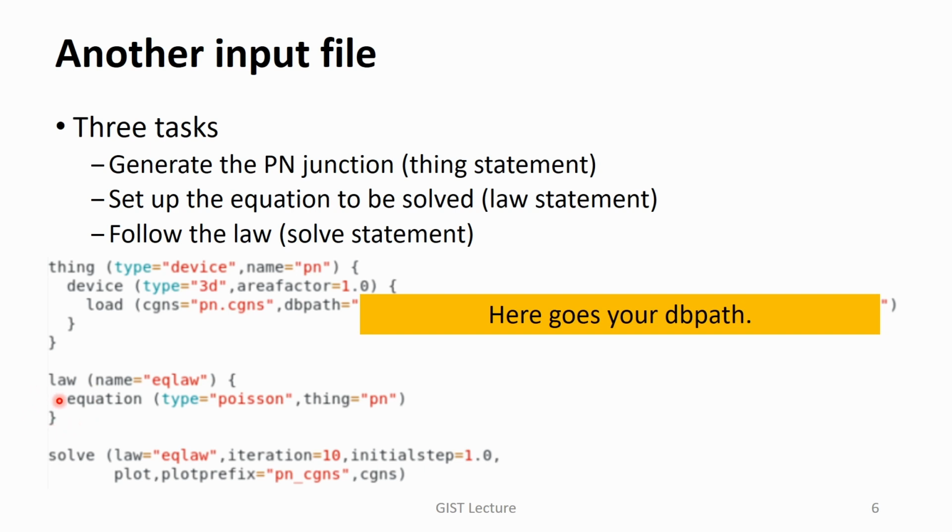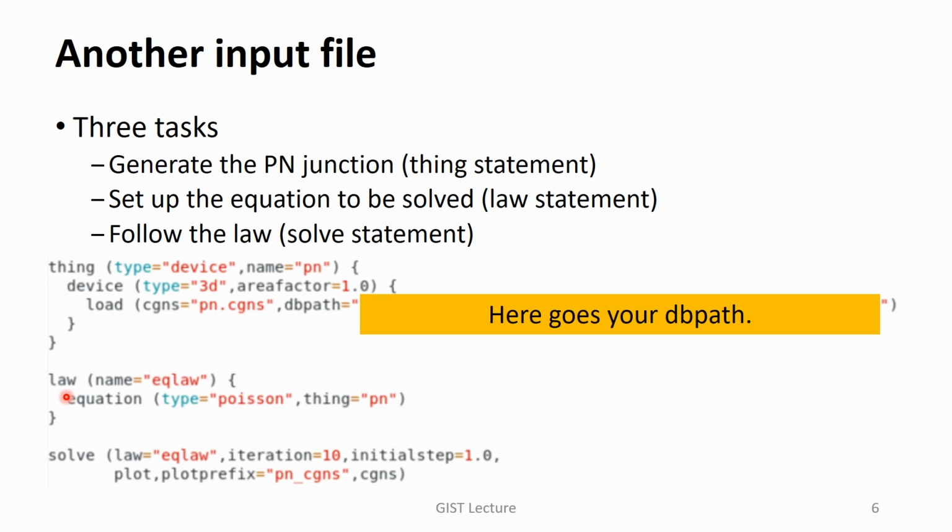The second task is to set up the equation to be solved. It is done by the law statement. In general, many equations can be inserted in a law. Here, the law object can be thought as a collection of equations.